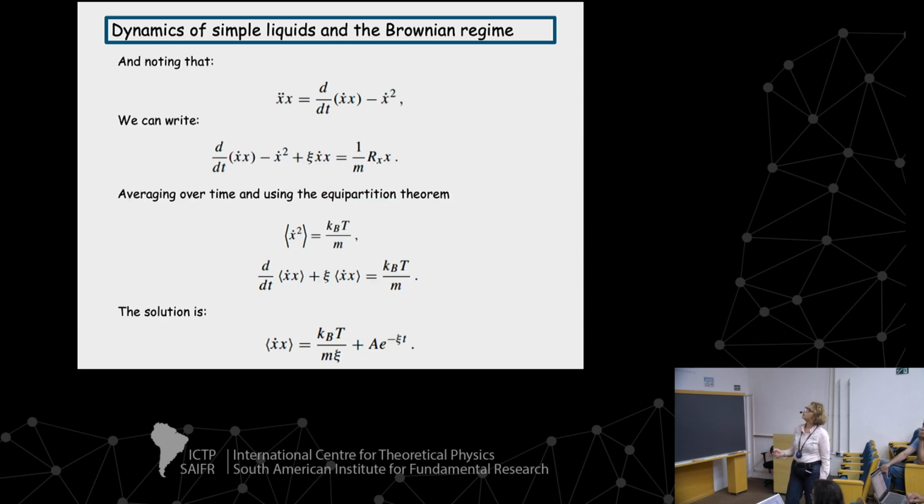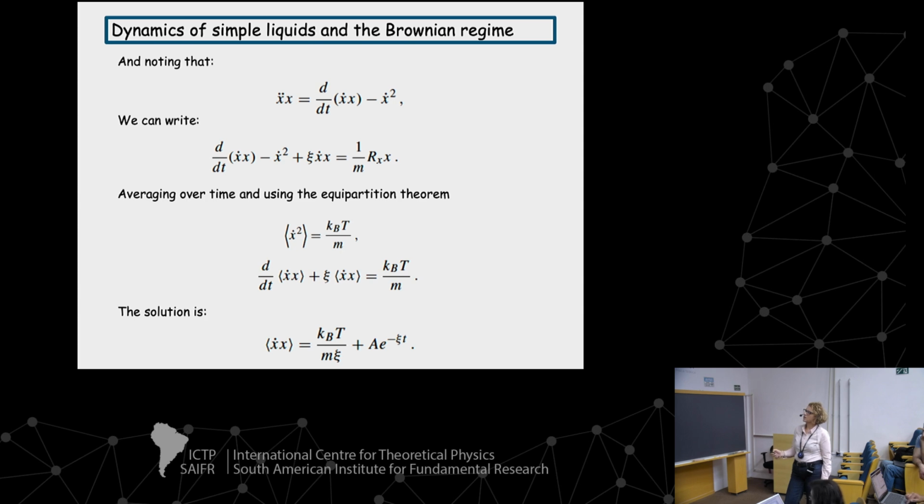And then we note that the second derivative with respect to time of the position, times the position, is also the derivative with respect to time of x times the first derivative of the position, minus the first derivative squared.